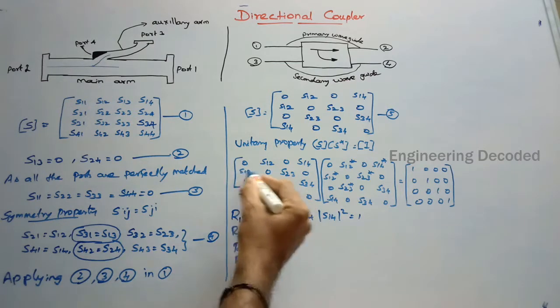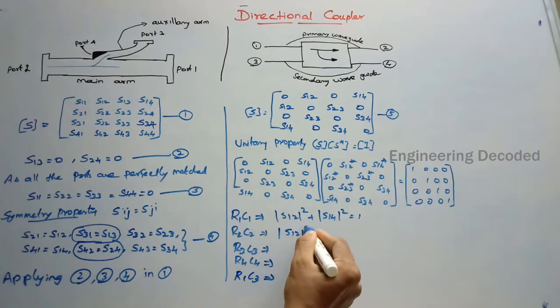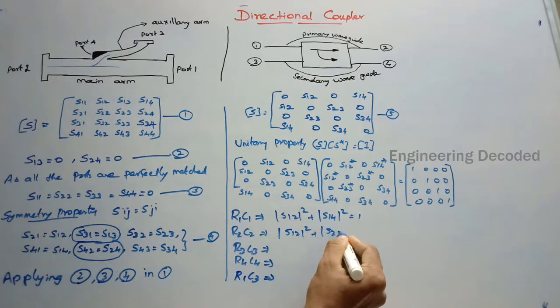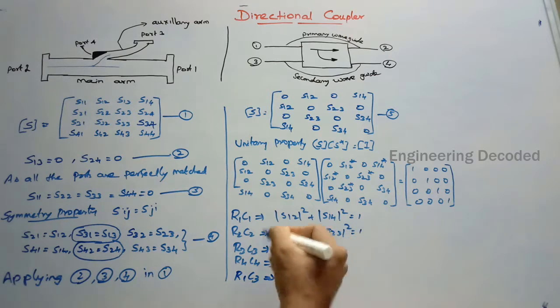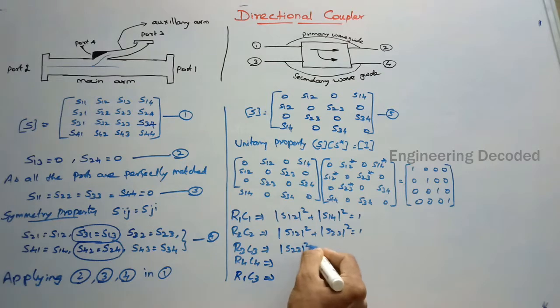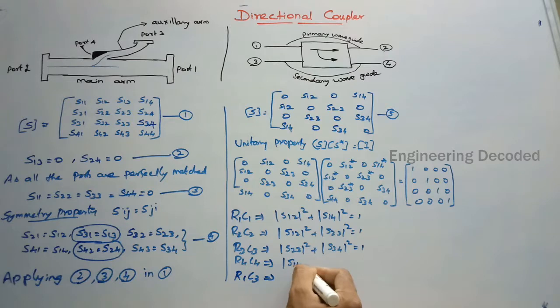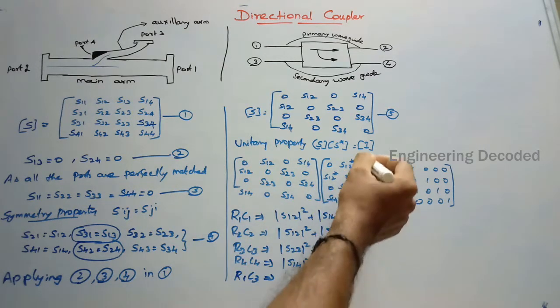Then R2C2, second row, second column: modulus of S12 square plus modulus of S23 square is equal to 1. R3C3, third row, third column: modulus of S23 square plus modulus of S34 square is equal to 1. R4C4, row 4, column 4: modulus of S14 square plus modulus of S34 square is equal to 1. Now R1C3, first row and third column.